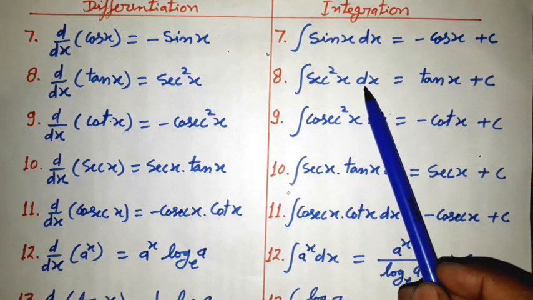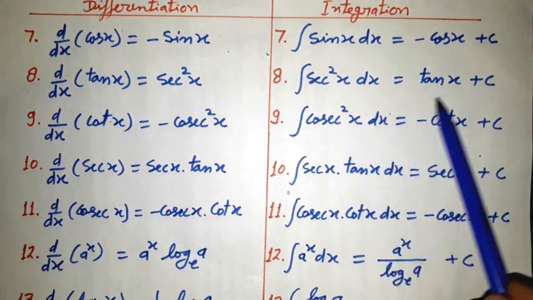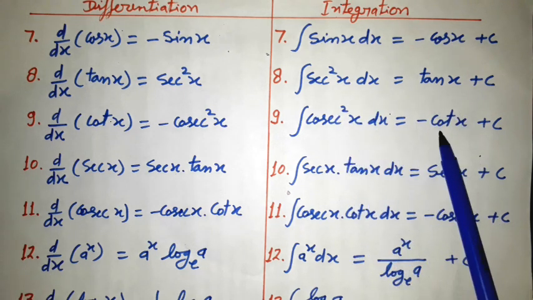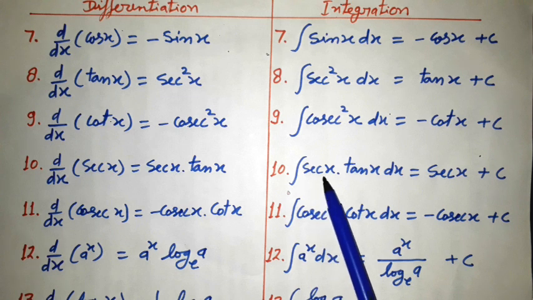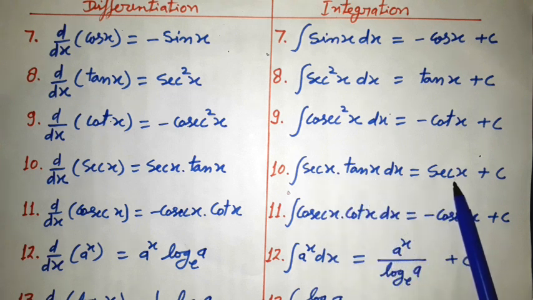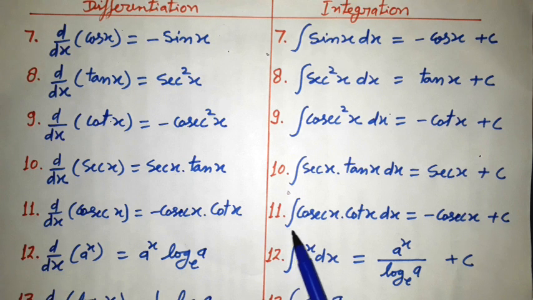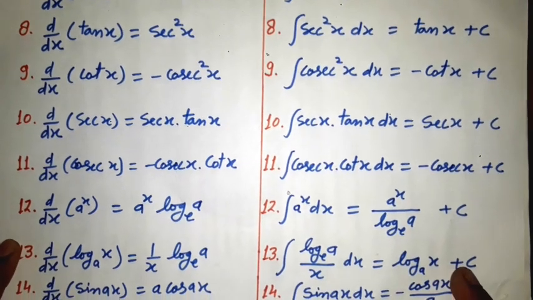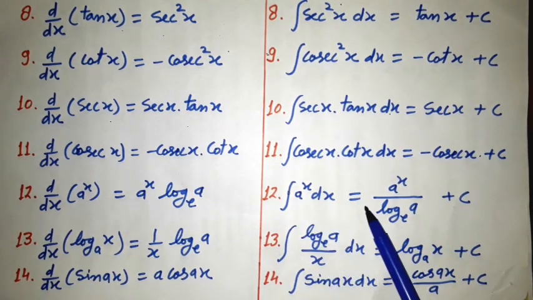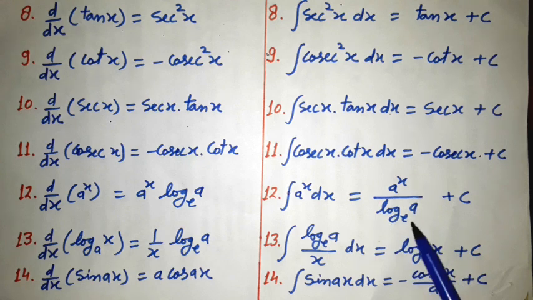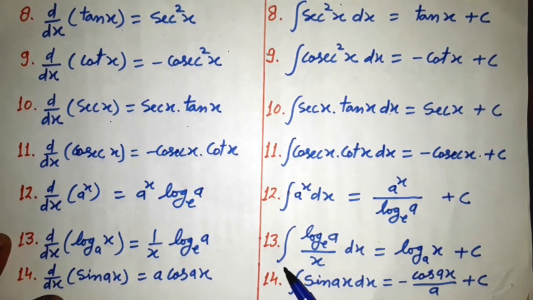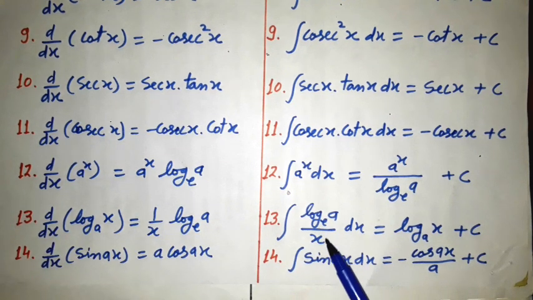Now the integration of sec square x is tan x, integration of cosec square x is minus cot x, and integration of sec x tan x is sec x plus c, and integration of cosec x cot x dx is minus cosec x plus c, and integration of a to the power x dx is a to the power x upon log a base e plus c, and integration of log a base e upon x dx equals log x base a plus c.